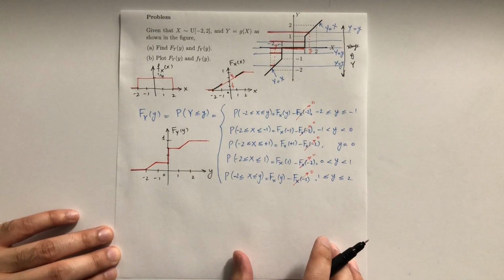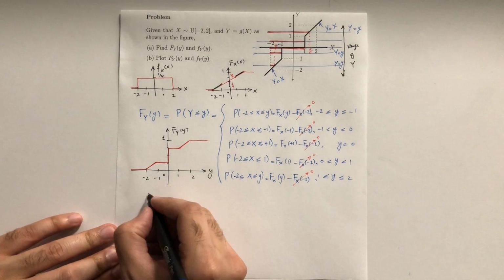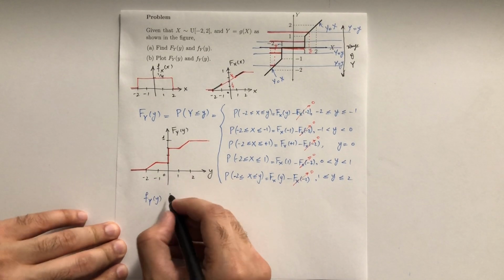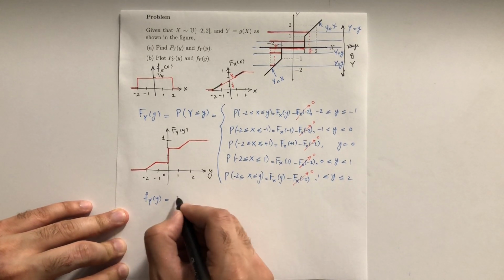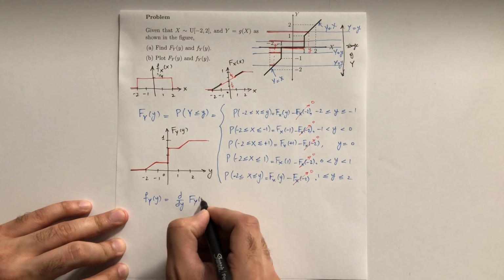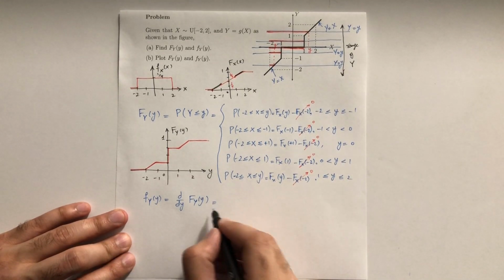Right, so now we have obtained the distribution function of y. And the next step is to find the density function of y, which is small fy of y. By definition, it is just the derivative of the distribution function.